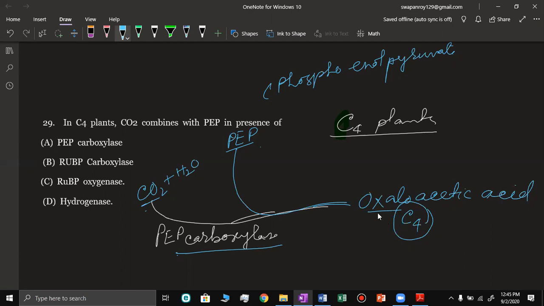It also contains 2 carboxylic groups, so it is also known as dicarboxylic acid, and then this oxaloacetic acid is converted into malic acid.